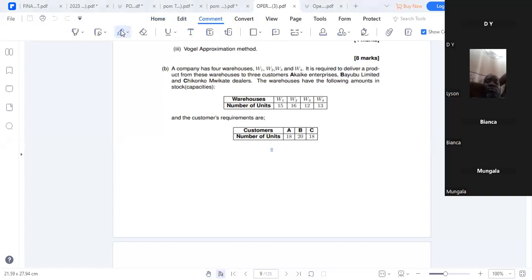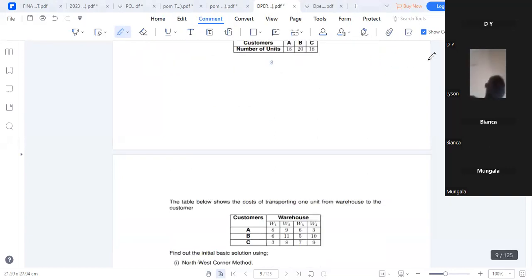Okay, so we are now looking at transportation problems, part B of transportation problems.